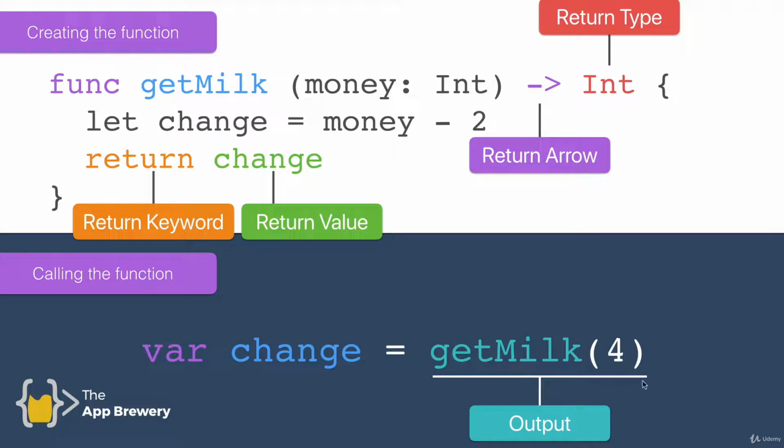So in this case, if we gave this function 4 as an input, 4 becomes the amount of money. 4 minus 2, the change becomes 2. The change that's returned, or the output of this function, is 2, which is of course an integer or a whole number data type. So this whole right-hand side of the equation becomes equal to 2, and that value gets assigned to our variable change.